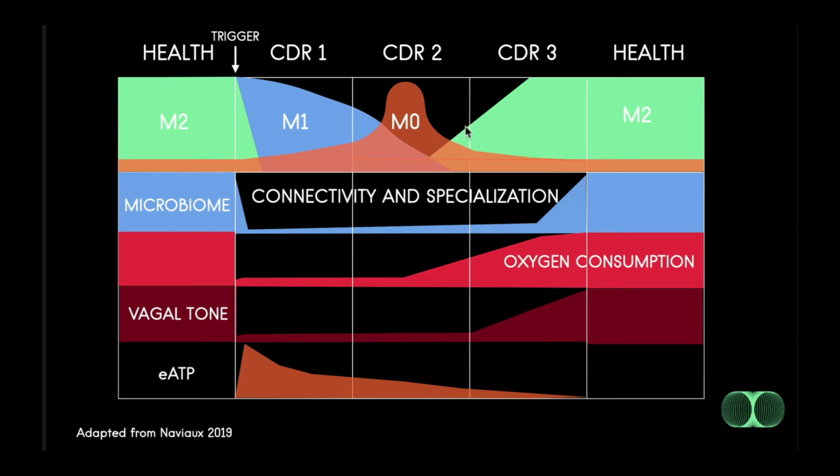So we get back to the metabolism of what's considered a healthy or an anti-inflammatory mitochondrial metabolism. Our microbiome starts being happier and healthier. Our oxygen consumption in the cells gradually increases. The vagal tone increases, and this is really about top-down integration between the brain and the brainstem with the cells and organs of the body.